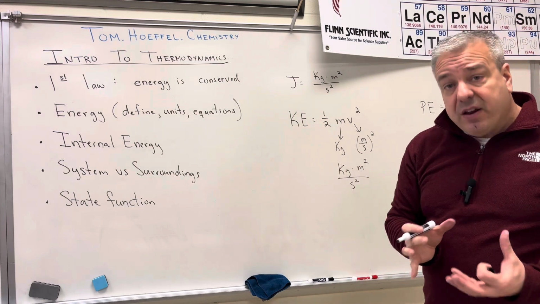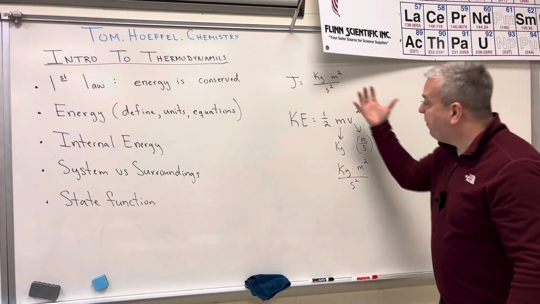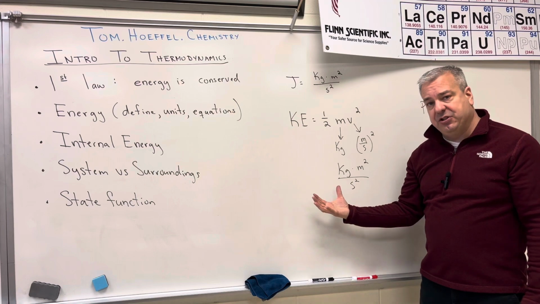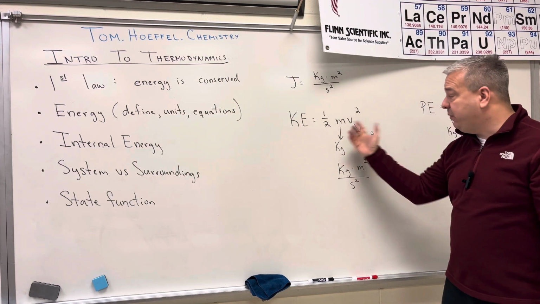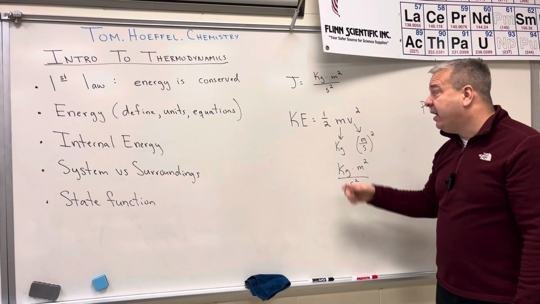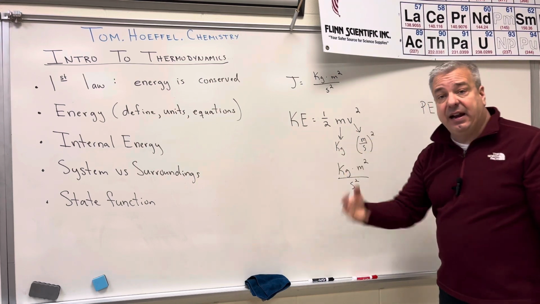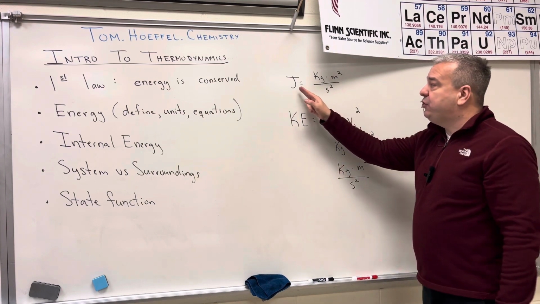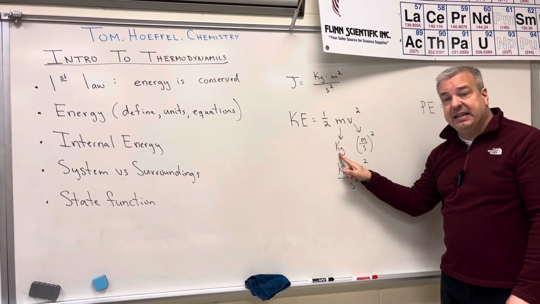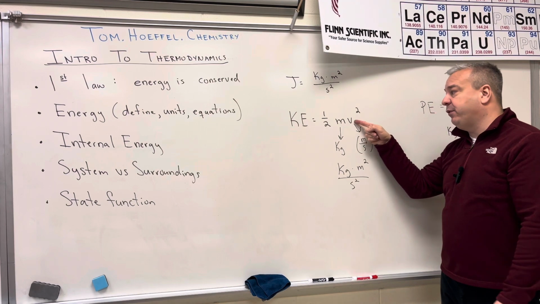It's really important that you know that, because if I were to give you a kinetic energy problem and the mass was in ounces, you wouldn't be able to plug and chug. You'd have to take those ounces and convert them into kilograms, because it's only equal to a joule if the mass is in kilograms. Same thing for velocity.